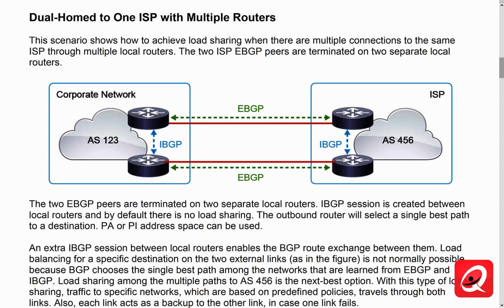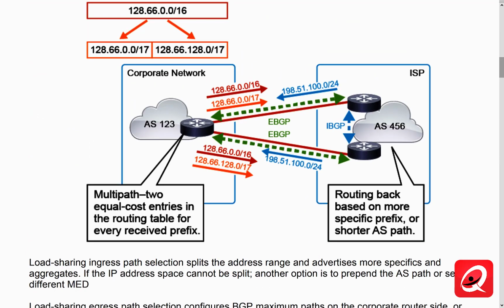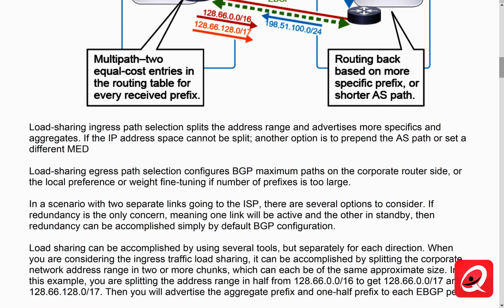Here's an example where we have dual homed connections to one ISP with multiple routers. In this particular case, because we have a different physical topology, we might have to use different attributes to decide how we're going to route. So in this previous example, deciding how we're going to leave autonomous system 123, if the ISP is advertising a subset of prefixes to us, could be done using the weight attribute.